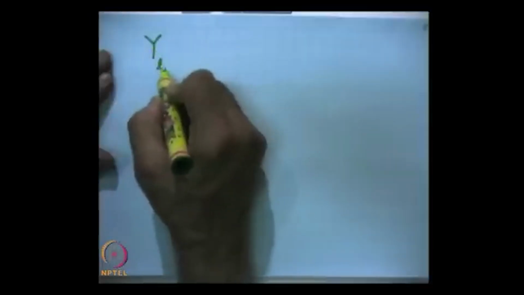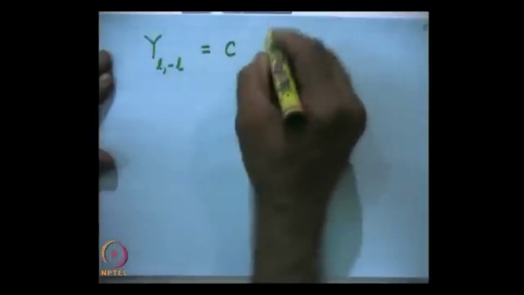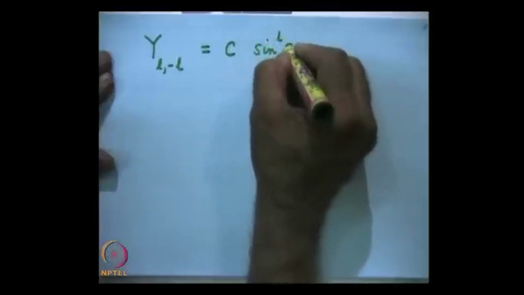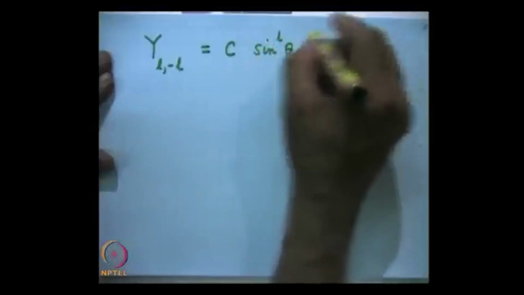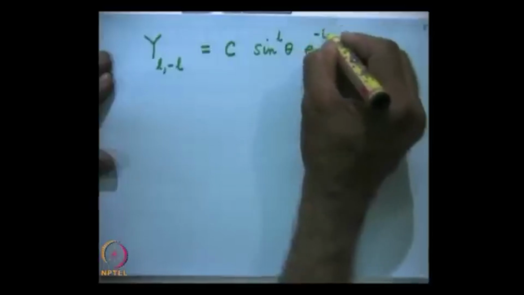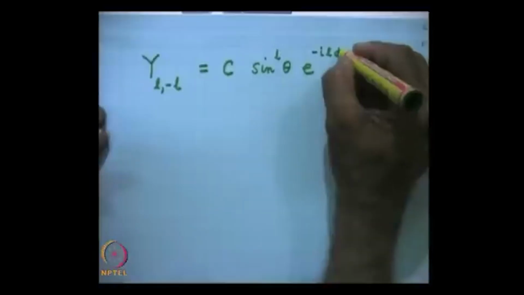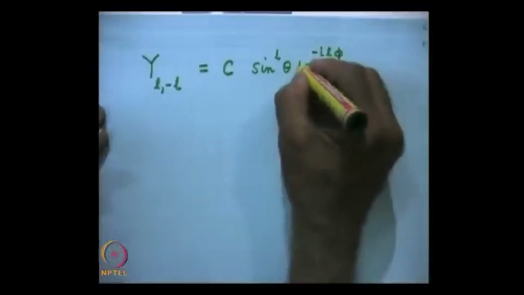So, please see that Y L comma minus L is C sine to the power of L theta e to the power of minus i L phi multiplied by 1 over root 2 pi.